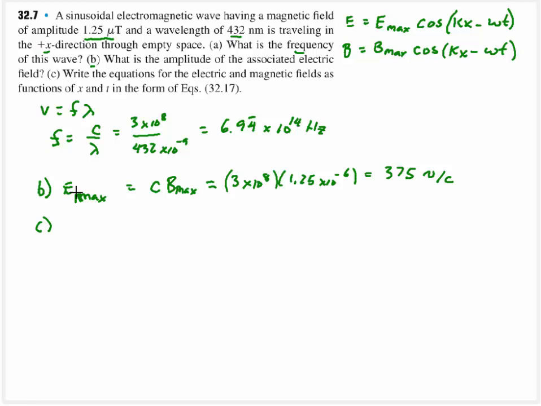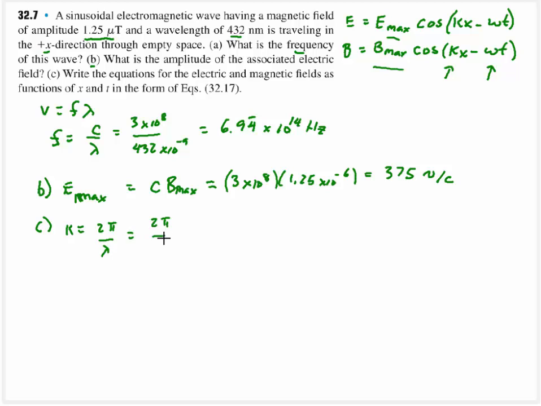For part C, we're asked for the expressions of the electric field and magnetic field in terms of x and t. I've saved myself a little bit of time by writing these up here. So what we need to do is figure out what k is and what omega is. Fortunately, everything we know from mechanical waves is going to translate. k is simply going to be equal to 2 pi divided by the wavelength.